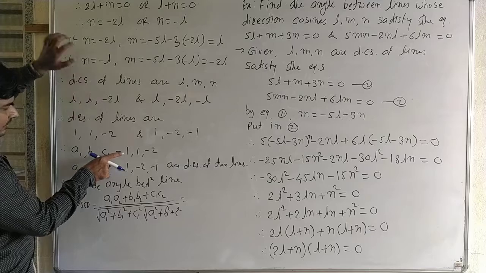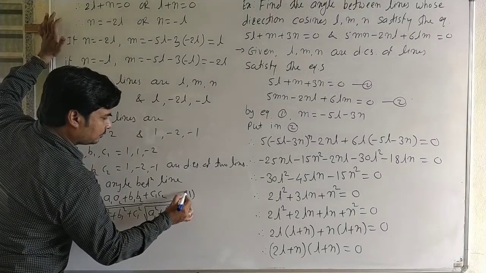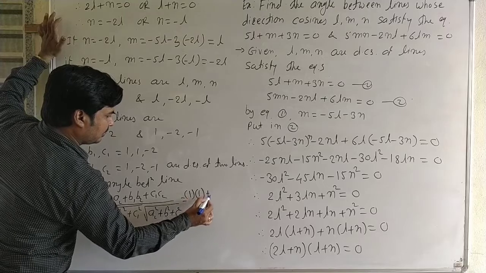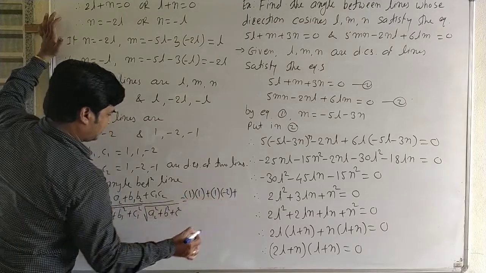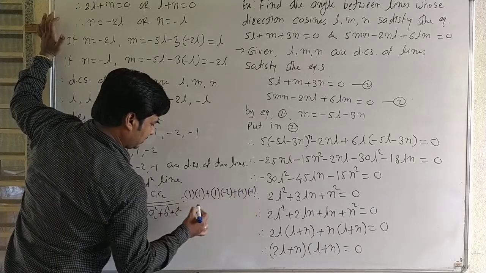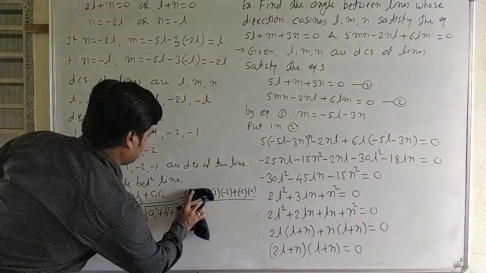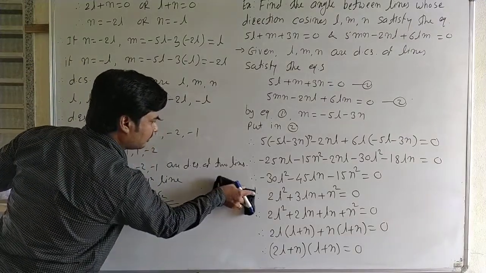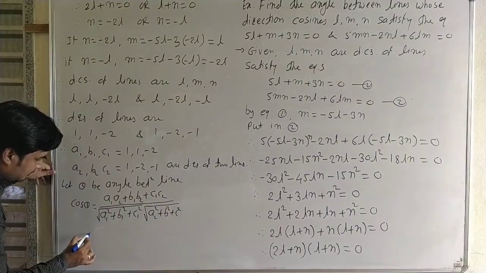A1 B1 C1, A2 B2 C2, it is 1 into 1 plus 1 into minus 2 plus minus 2 into minus 1 and upon.